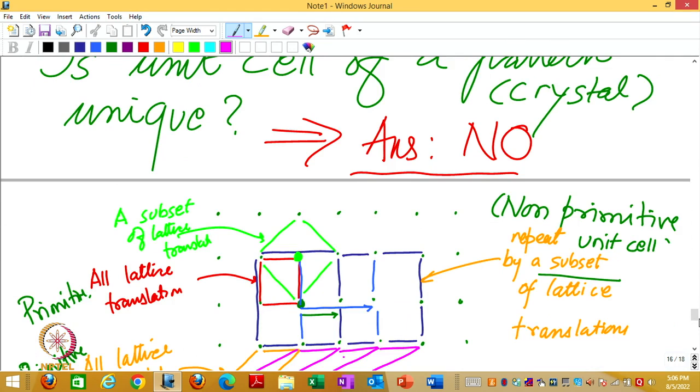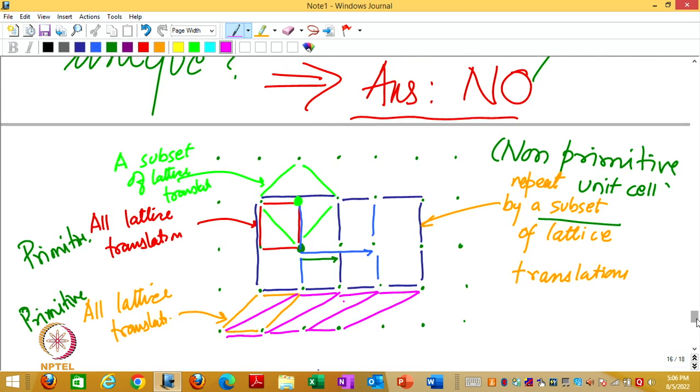So, all was happy and nice that I have a square lattice and a square unit cell. But now, if you say that I can represent it by such a parallelogram unit cell also, shall I call it a square lattice or a parallelogram lattice? That question we will look at in somewhat more detail later.